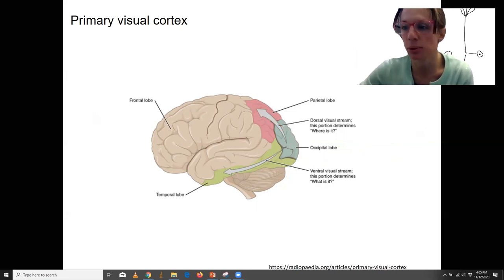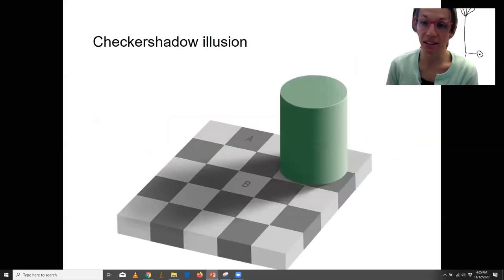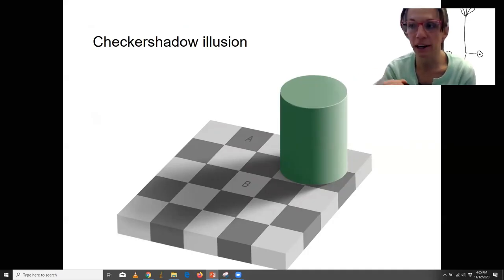Additionally, I just can't help it. I've got to tell you a little bit about, not only is it the biology that matters, it's also context. So our perception of what we see is not just influenced by sensation, the literal information coming in, but also by prior experience, emotions, all kinds of other things. So in this case, this is actually an illusion called the checker shadow illusion.